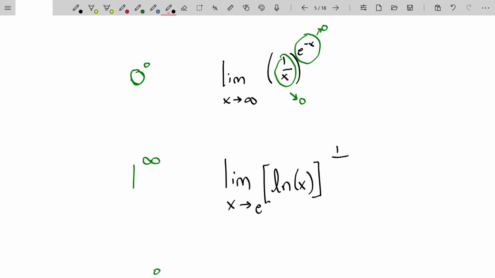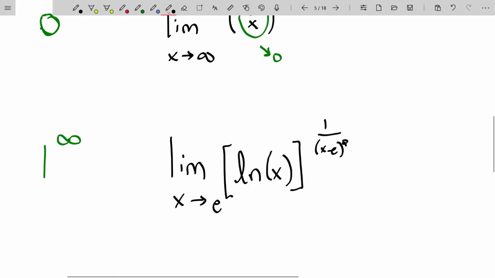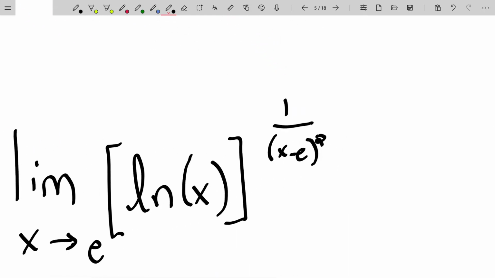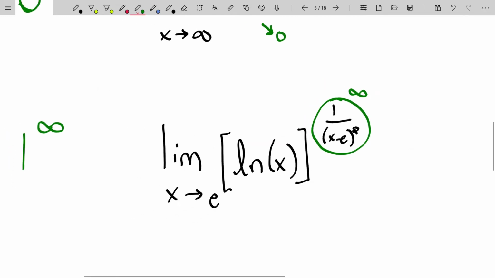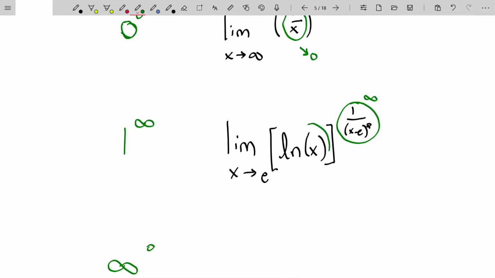Well, that'll be something like 1 over x minus e squared. As x approaches e, that denominator is approaching 0, but you're squaring it, so it's approaching 0 from the positive side, which means that exponent's actually approaching infinity. And so the exponent's approaching infinity, and as x approaches e, the natural log of x approaches 1. And so this is something like 1 to the infinite power. Again, no way to really evaluate this yet.